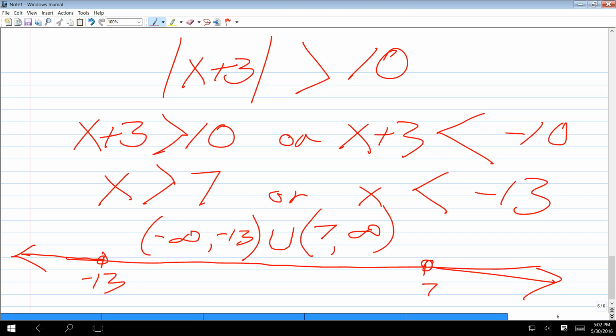And parentheses always go next to infinities. Okay. If I change this to greater than or equal to 10, so that this is my solution now, it just makes these closed dots instead of open ones. And it makes these brackets instead of parentheses.